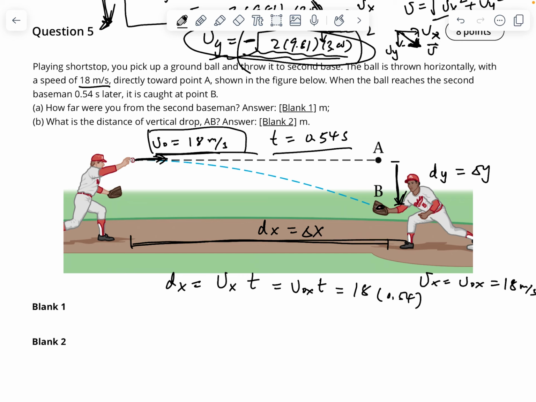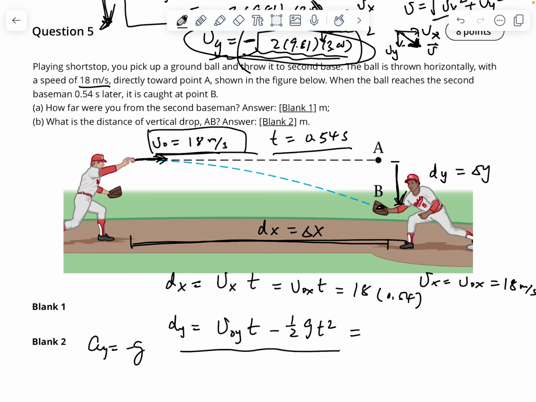And what is the vertical displacement, dy? Dy equals v naught y times t minus half g t squared. This is the equation for the y-axis, where you have motion with constant acceleration, ay equals negative g.